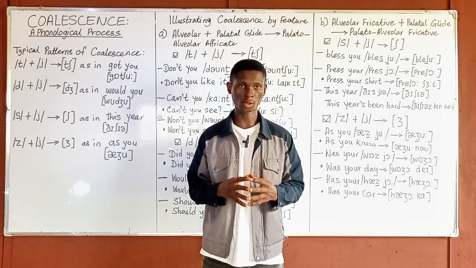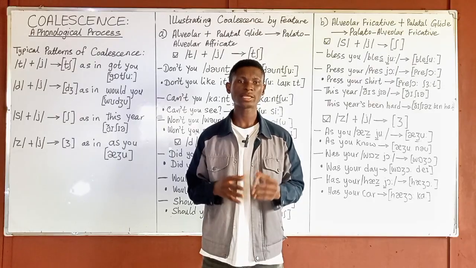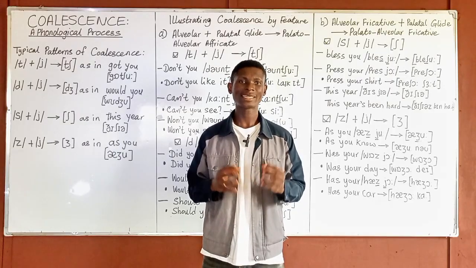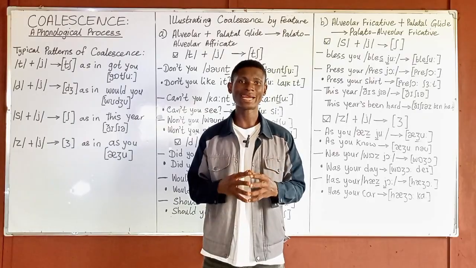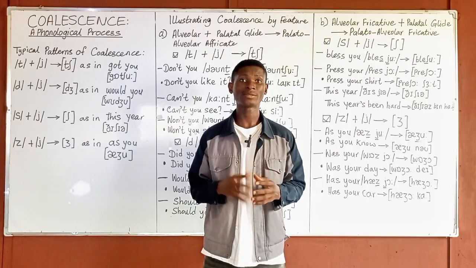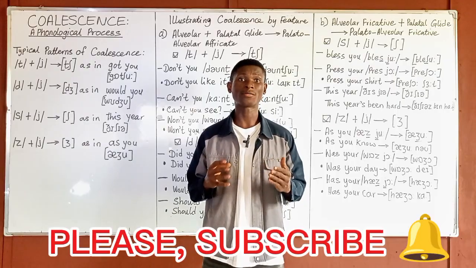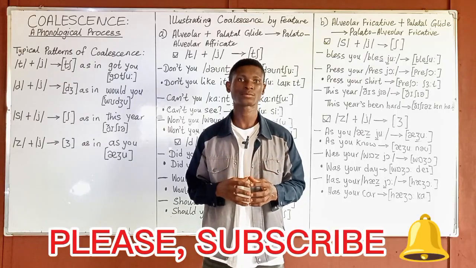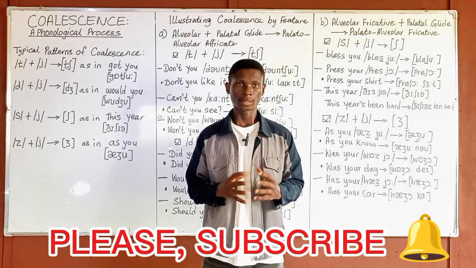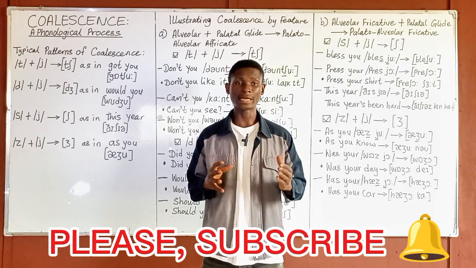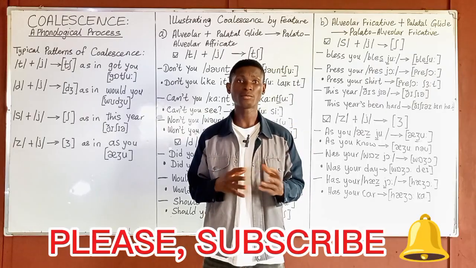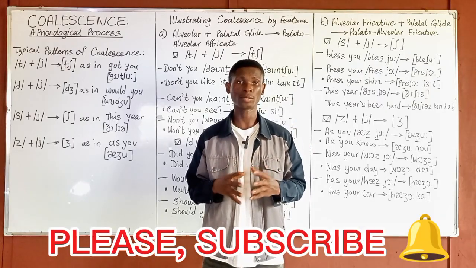Coalescence is a phonological process in which two adjacent sounds combine to form a single sound that has the features of the two original sounds. This is to say that the previous sound will not be heard and the second sound will not be heard.